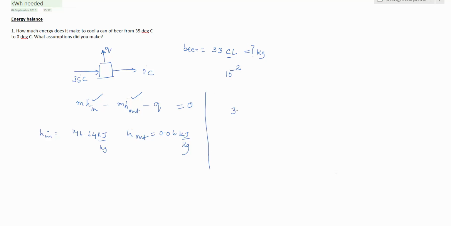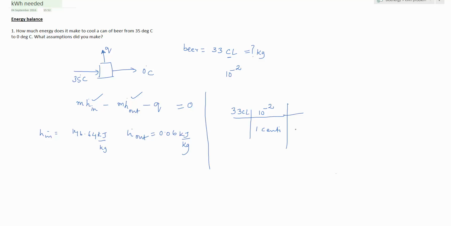So 33 centiliters, and centi, the prefix, let's say centi is equal to 10 to the power minus 2, then we can cancel out the centis here.